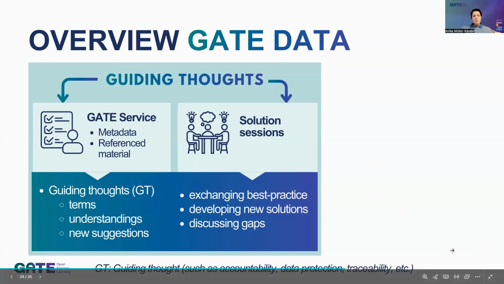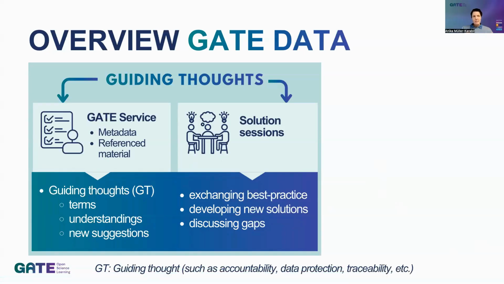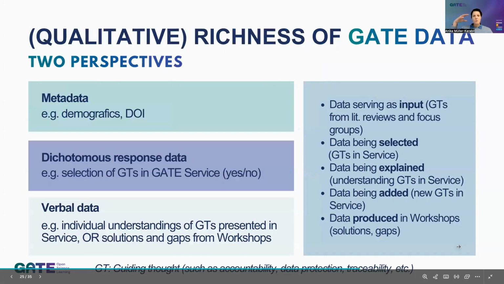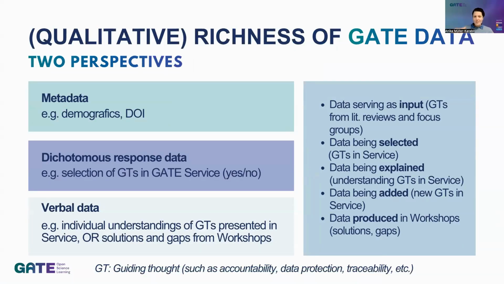But I think what's more important, and that's on the next slide, is to zoom out and think, how can we actually classify our data? On the left-hand side, there's a very classical perspective. What kind of data do we actually have?